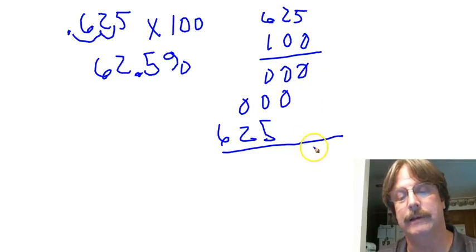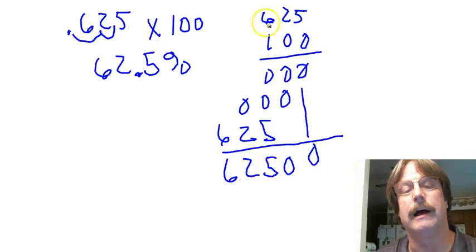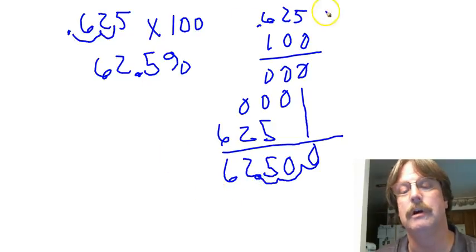So I have a 0, bring that down, 0 plus 0 is 0. 2 zeros and a 5 is 5. A 0 and 2 is 2, and a 6. This was 0.625, so I count 1, 2, 3. So 62.5%.